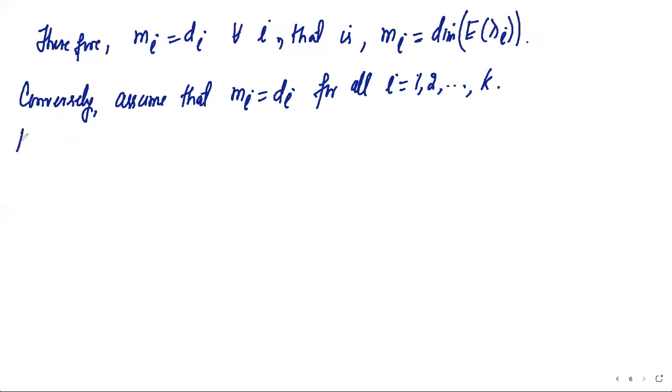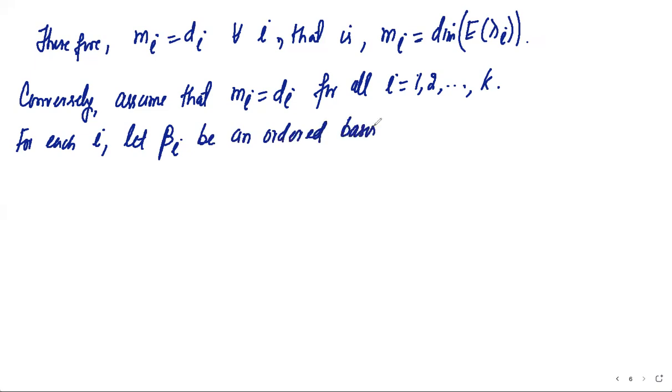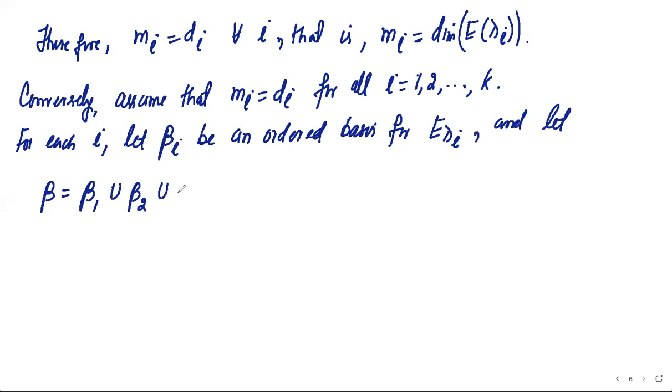For each i, let beta i be an ordered basis for the eigenspace corresponding to lambda i, and let beta is equal to beta 1 union beta 2 union and so on union beta k.